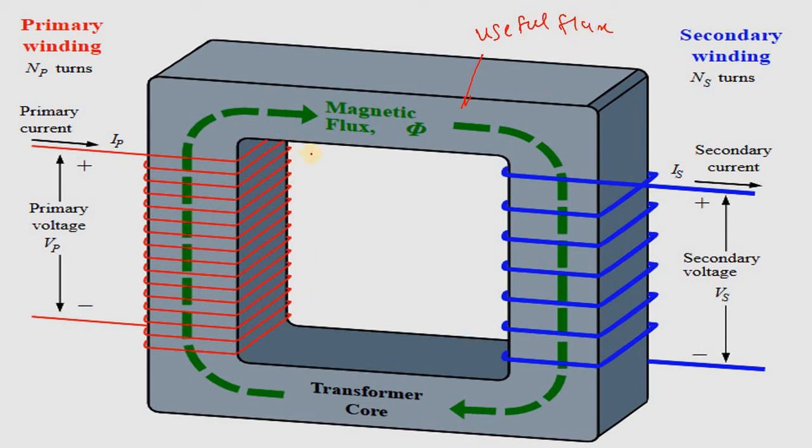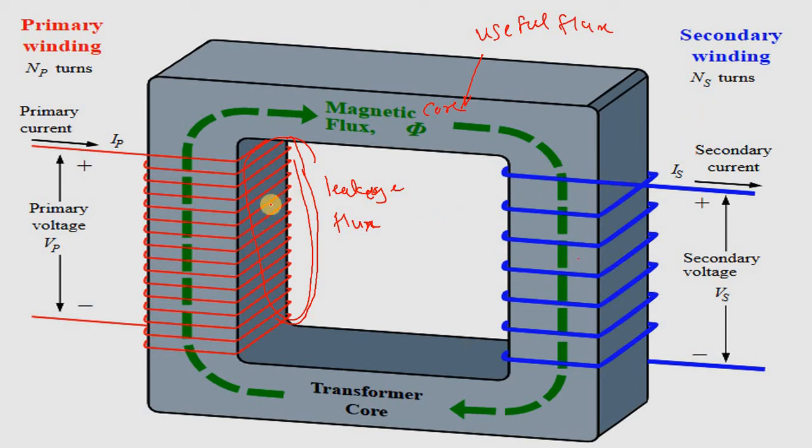Whereas there is some flux near this winding which is in the air, that is called the leakage flux. When the flux passes through this magnetic core, it links with the secondary conductor.